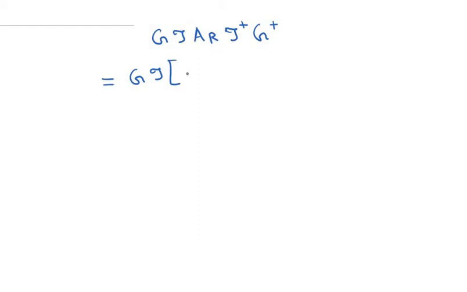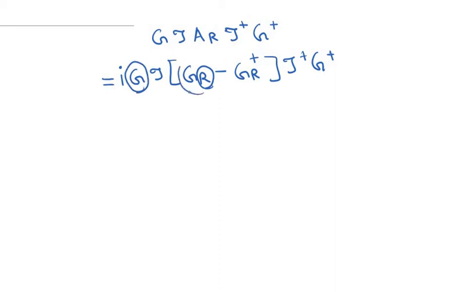So this is just equal to i(GR minus GR dagger). Okay, R for reservoir. Note that this Green's function G is the Green's function of the channel. This Green's function GR is the Green's function of the reservoir, because this is basically the spectral function or spectral matrix of the reservoir.